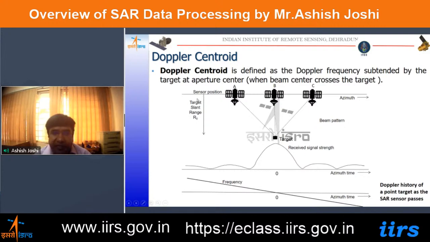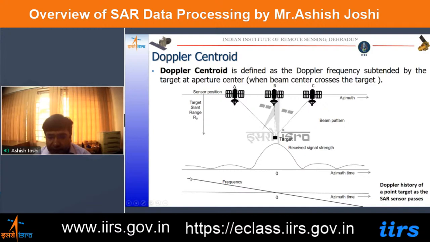In this diagram, as the sensor position changes, the range is high here, the Doppler becomes zero here, and then it increases again. In the same way, the frequency first decreases, becomes zero, and then increases.